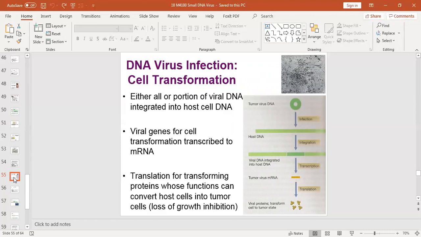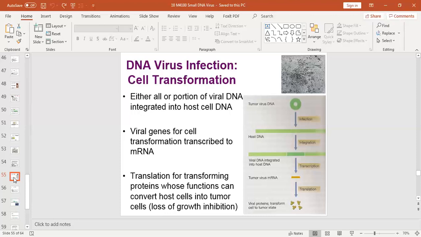So moving to the left side of the slide, either a part or the whole viral DNA will be integrated into host cell DNA, and viral genes, those genes that are for cellular transformation, will be transcribed into an mRNA. mRNA will be translated into those proteins whose main function is to change host cell dynamics and convert a normal host cell into a tumor cell.